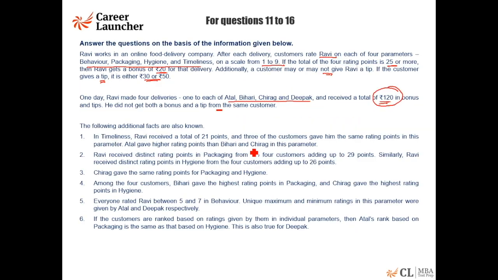So what are the possibilities? So it is effectively 3x plus y is equal to 21. That is what it says. So what is the possibility of y? If y is 9, x will be 4. So it can be 4, 4, 4, 9. What is the other possibility? If this becomes 5, 15 plus 6. Now obviously y has to be greater than x, as per the question, because Atal has given higher rating point than B and C. So there are only two possibilities in this particular case.